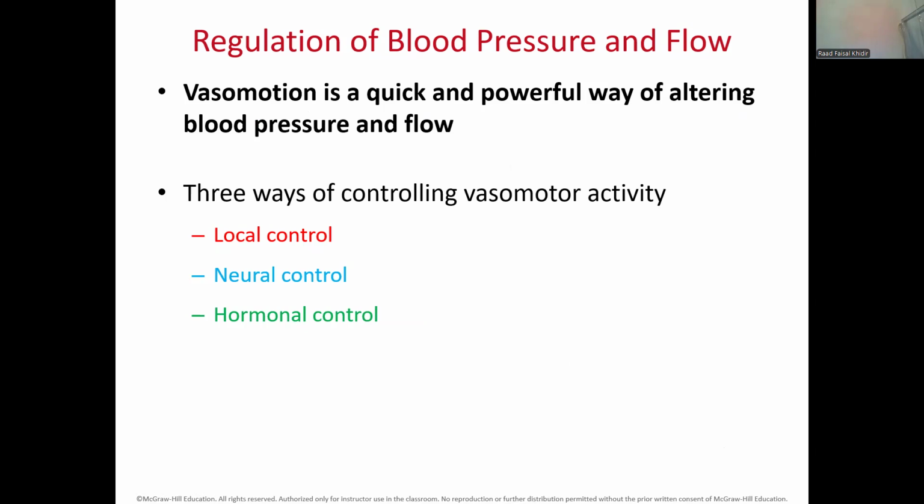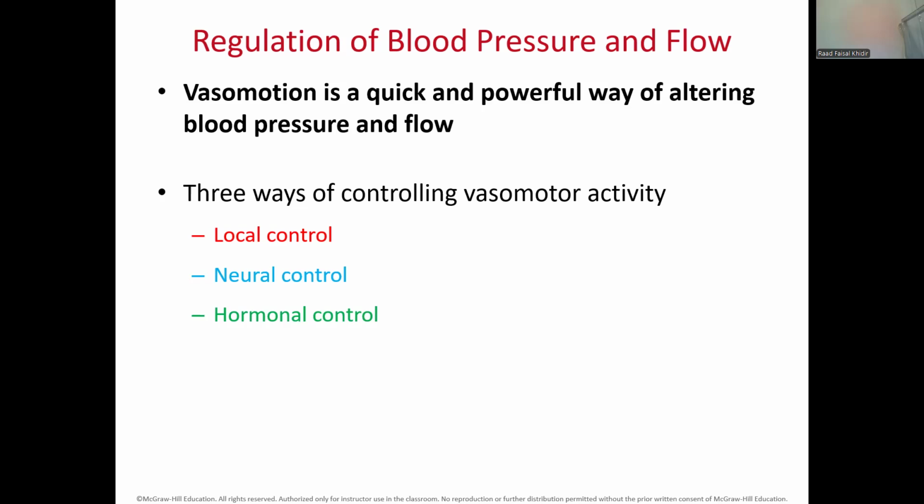You have local control, meaning the tissue itself has an autoregulatory effect. Auto, by its own self, regulate blood vessel diameter, increase and decrease. Also your brain. If your brain is lacking oxygen, it's going to send blood to itself. It's called the medullary ischemic reflex.